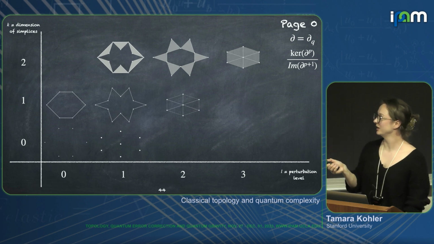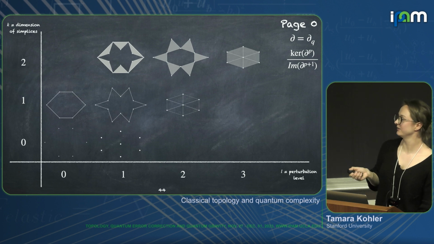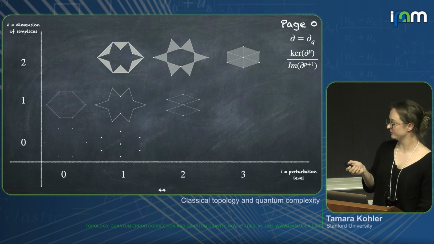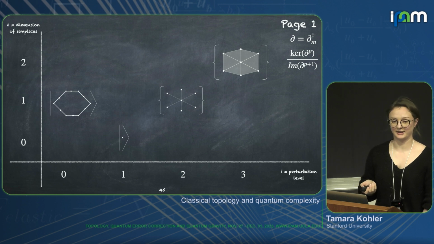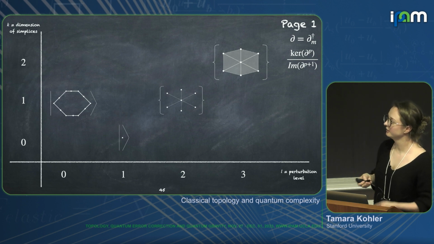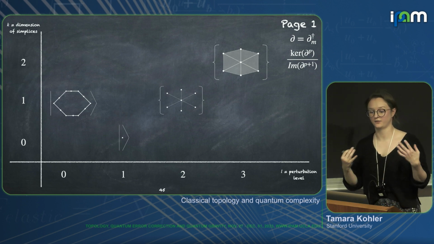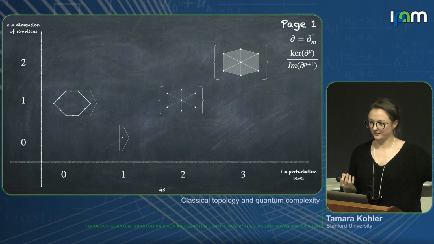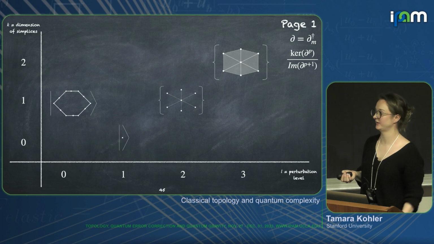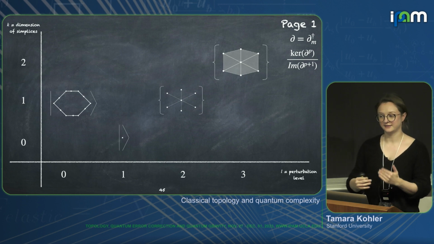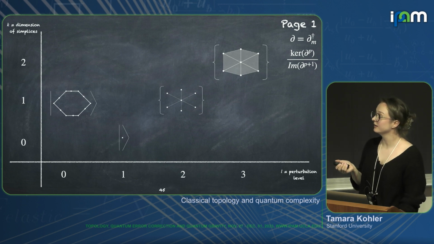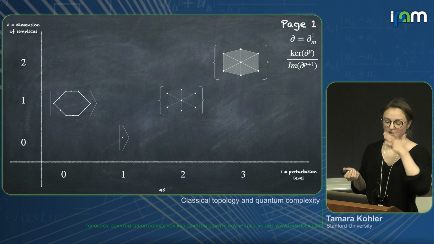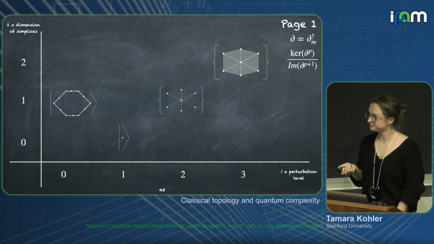But when you compute the homology of each element of this graph using this qubit boundary operator, this is what you get out. Okay, so this is the first level of our approximation. We forgot about the mediator vertices and just looked at the qubit vertices. We're now going to go to the next level of approximation. Here we're going to forget about the qubit vertices and just look at the mediator vertices.